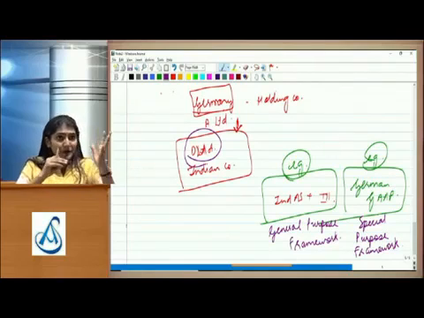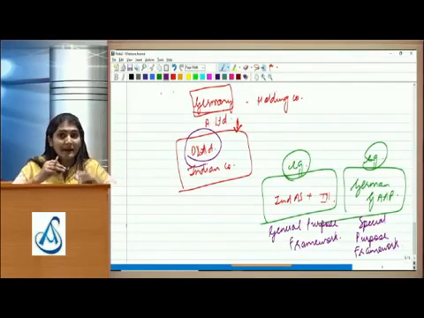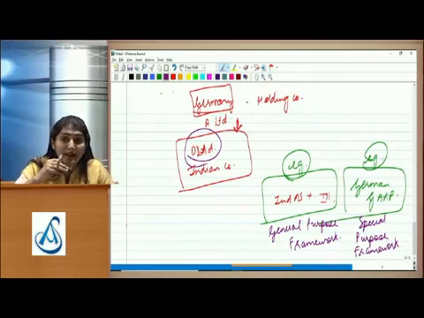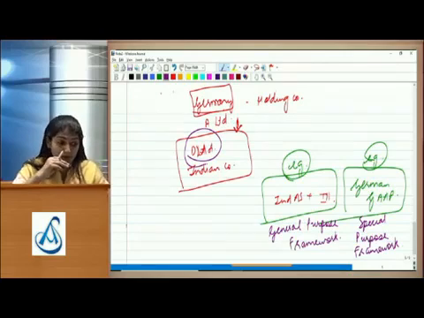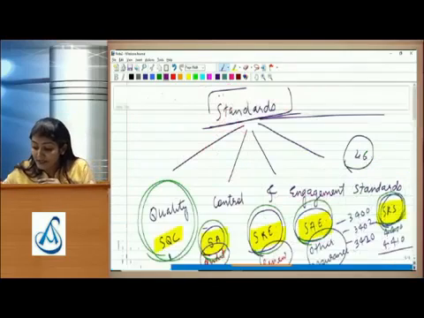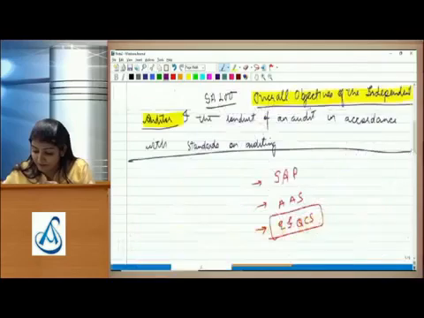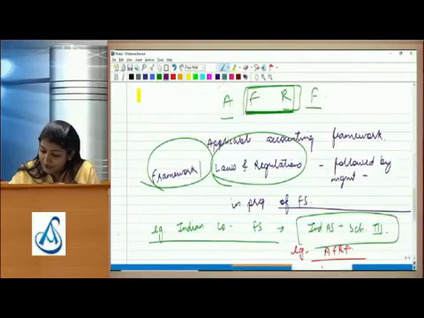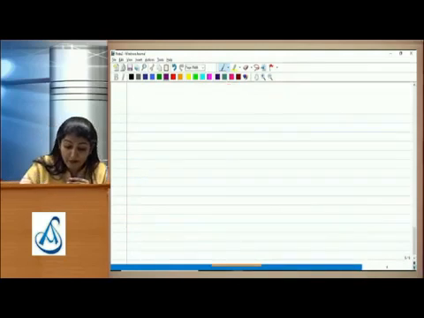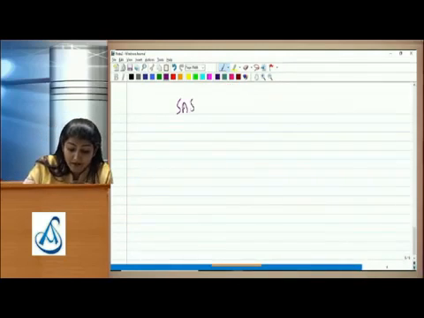Okay, so I've told you, first, there is an AFRF, and second, this AFRF may be a general purpose framework or it may be a special purpose framework. Later on, when I take you to the title of SA 800, what does the title of SA 800 say?